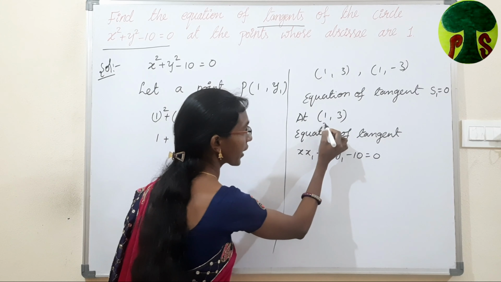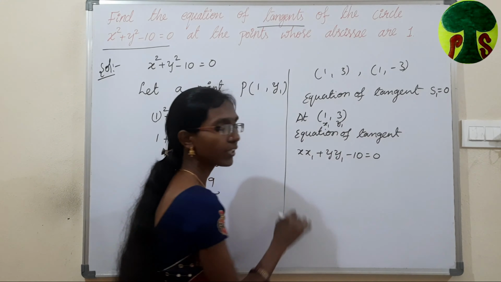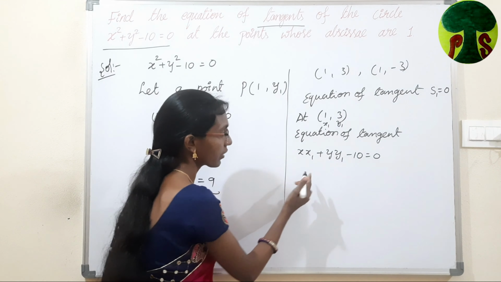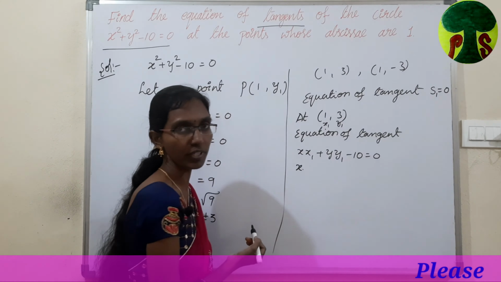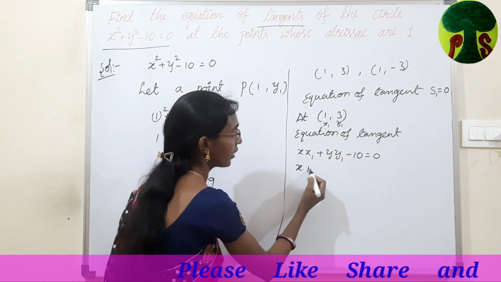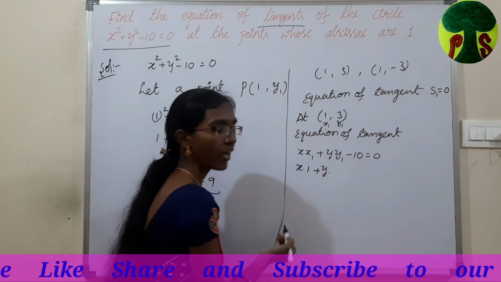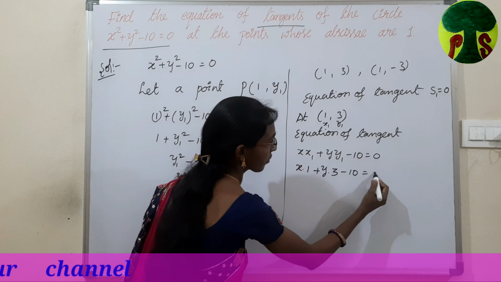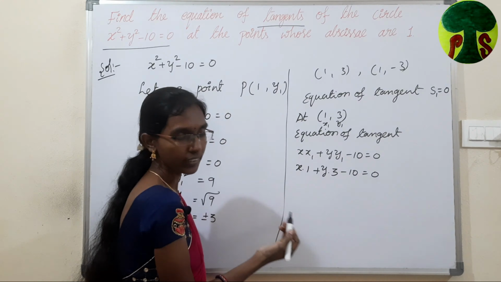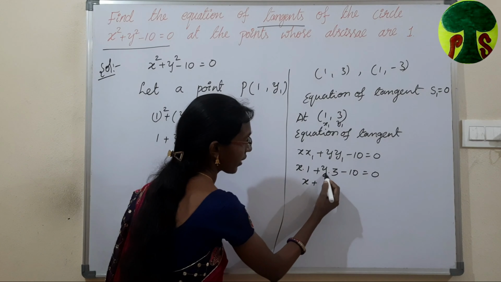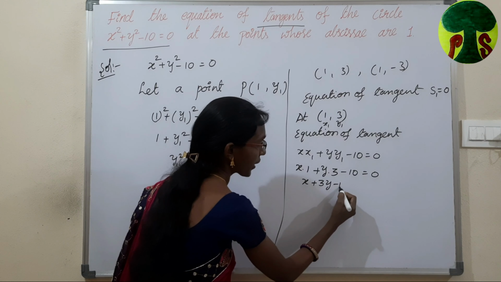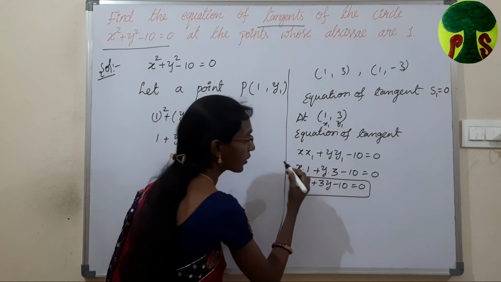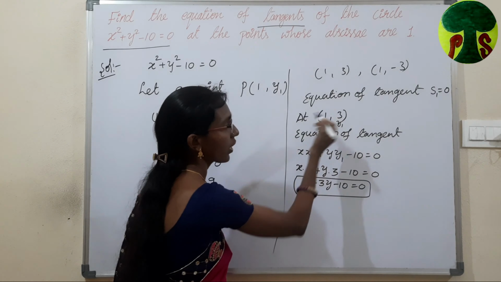Here the value of x1 is 1, the value of y1 is 3. We need to substitute the x1, y1 values in this equation to get the equation of the tangent. x into 1 plus y into 3 minus 10 equals 0. 1 into x is x itself, plus y into 3 is 3y, minus 10 equals 0. This is one of the tangents to the circle at the point (1, 3).